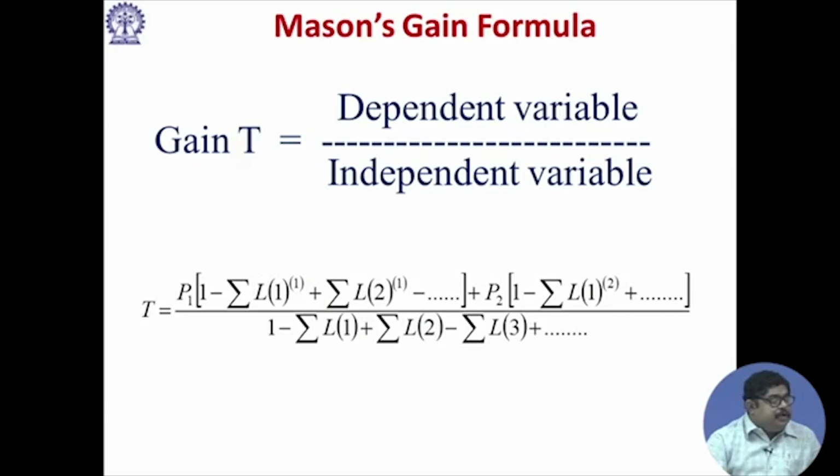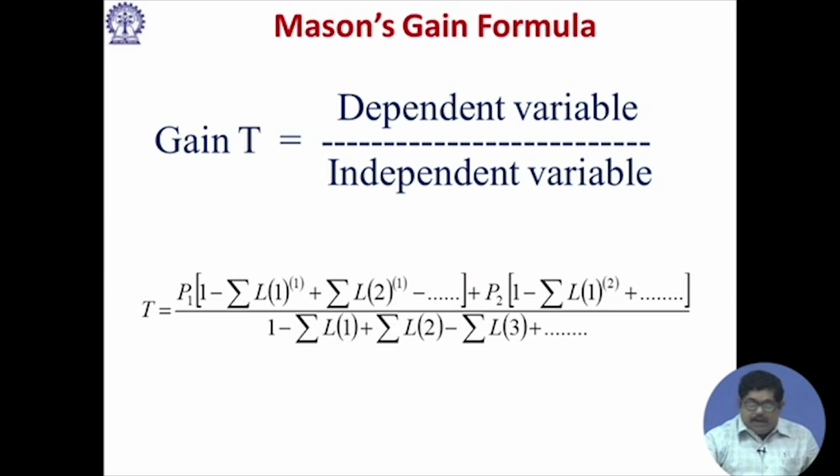As we have said, dependent variables are the reflected type of quantities in our microwave work, and independent ones are our incident quantities. So, one dependent variable, some reflected wave by some incident wave, we are calling gain. It may be gain, it may be anything. Basically, it is a transfer function. Now, that is written by this formula.